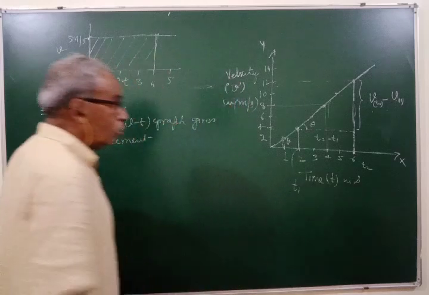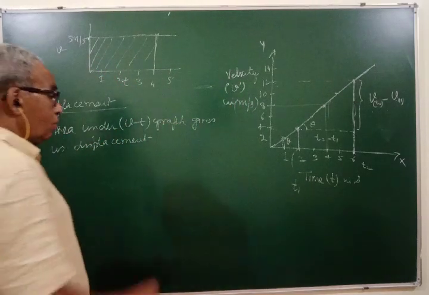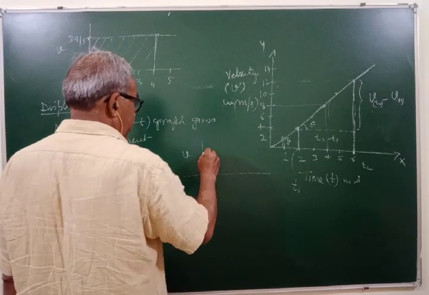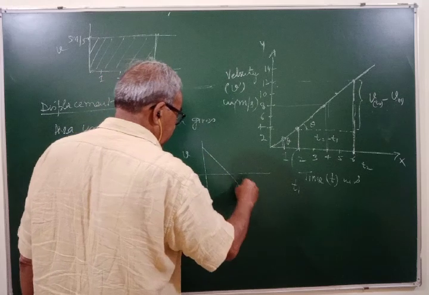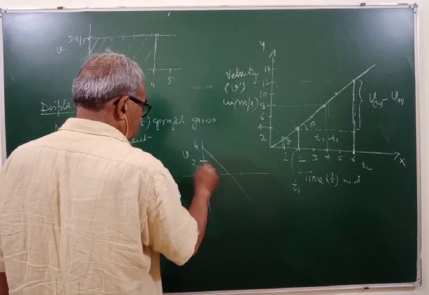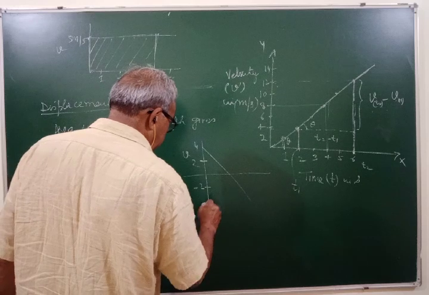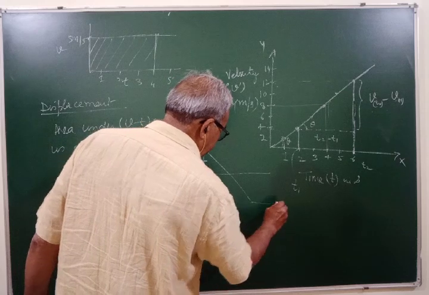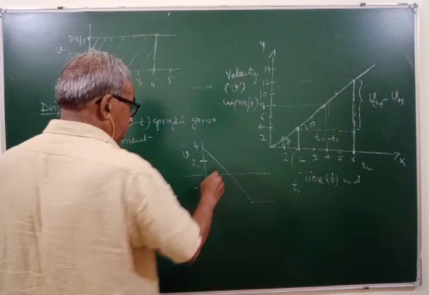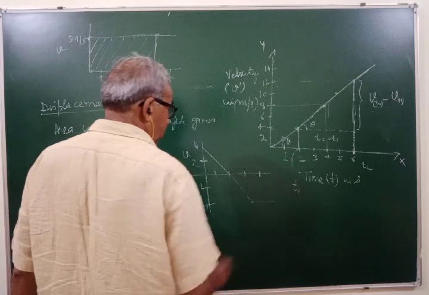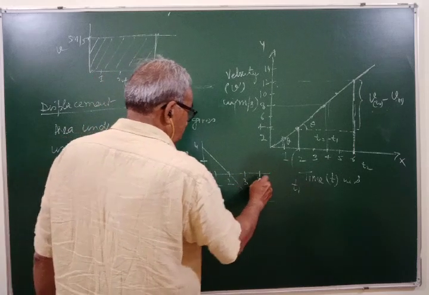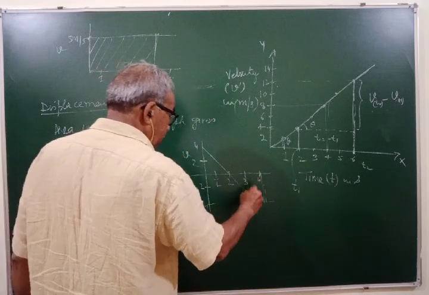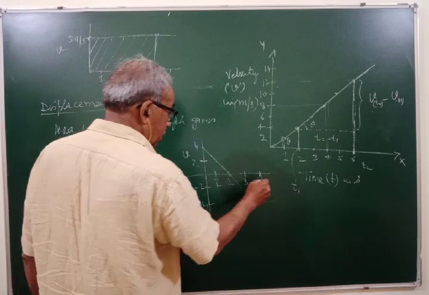And here, you know, velocity may be negative as well as positive. Suppose we get a velocity graph like this. It is like this here, T. Suppose it is 2, 4, minus 2 and minus 4. And then suppose it is minus 4 here, and then becomes constant. And here the time 1, 2, 3, 4 seconds. So what is the displacement in 4 seconds? So we have to find this area, this area, this area, this area.